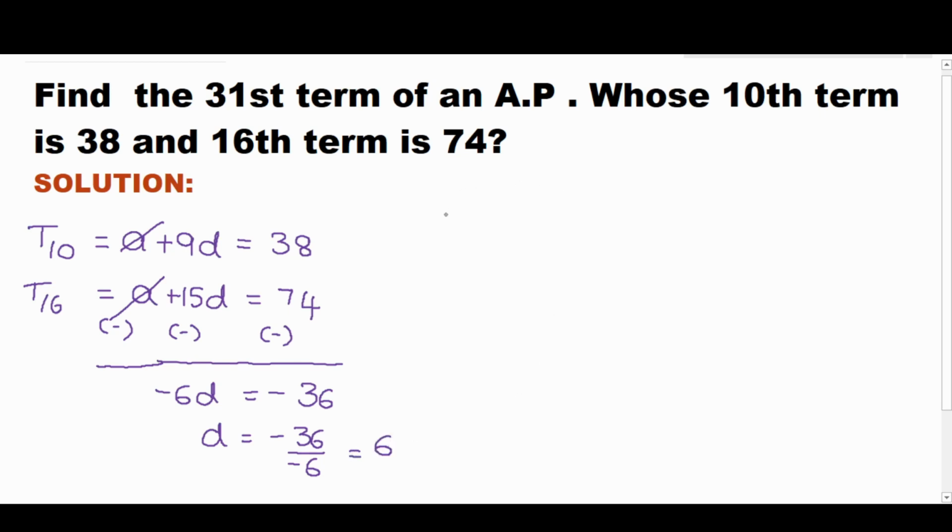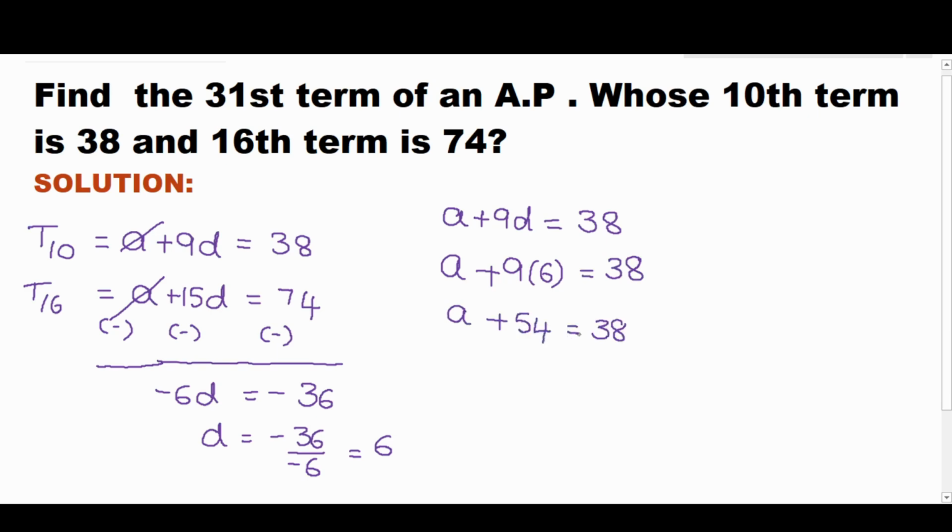So let us substitute this d value in either of the equations. You can choose any equation, but I am going to choose the first equation. a plus 9d is equal to 38. So let me keep a as a itself. 9 into 6 is 54, so a plus 54 is equal to 38.